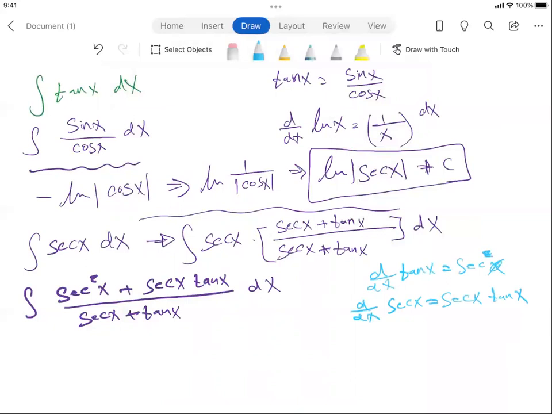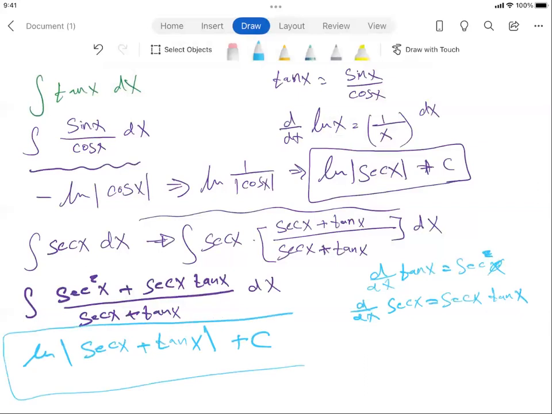So as we can see, the derivative of the bottom is available on top. Then that simply becomes natural log of secant of x plus tangent of x, and again the argument needs to be placed inside an absolute value, plus constant c. So that's what I have.